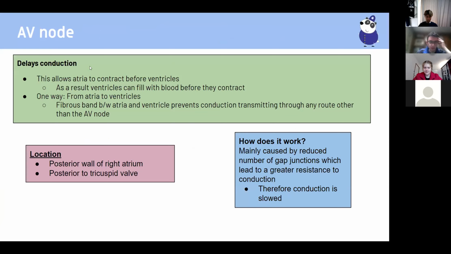AV node. The function of the AV node, as we said before, is to delay conduction so the atria can contract before the ventricles so blood can fill. A point that I didn't mention before is this is only in one direction. It's really important that blood doesn't flow from the ventricles to the atrium. If it does, what do you hear when you auscultate?